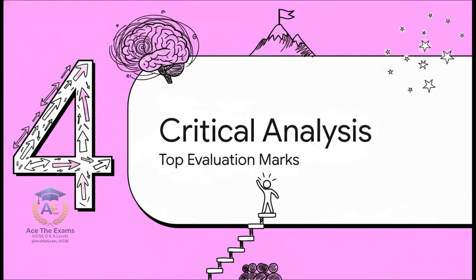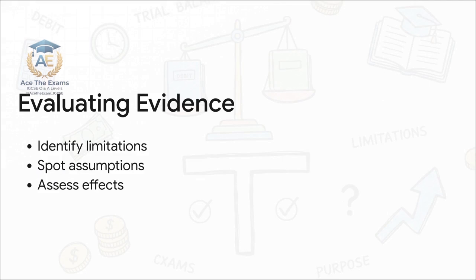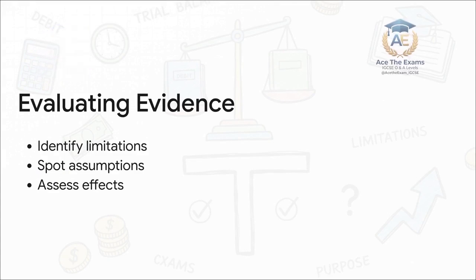Which brings us to Section 4, Executing Critical Analysis. When you are evaluating evidence, you absolutely cannot just take data at face value. You must rigorously apply this 4-part checklist to uncover the true quality of the information. First, identify limitations. For example, think about an error of complete omission. This is where a transaction is completely left out of the books.